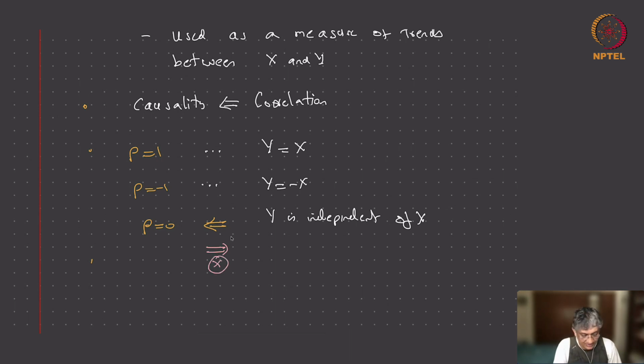This part is typically called uncorrelated random variables. They're not dependent, they're not independent, but they're uncorrelated. So independence means you're uncorrelated, but uncorrelated does not mean you're independent.